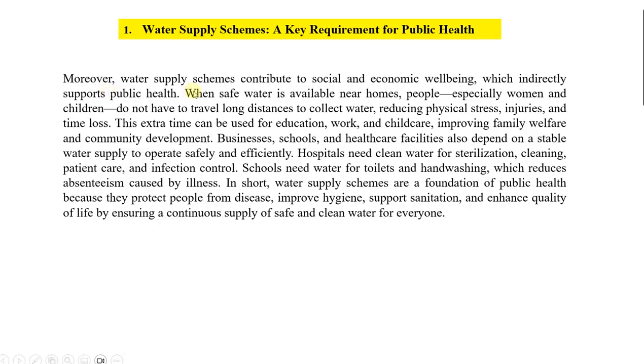Continuing, water supply schemes contribute to social and economic well-being, which indirectly supports public health. When safe water is available near homes, people, especially women and children, do not have to travel long distances to collect water, reducing physical stress, injuries, and time loss. This extra time can be used for education, work, and child care, improving family welfare and community development.